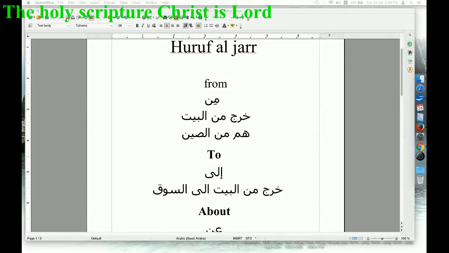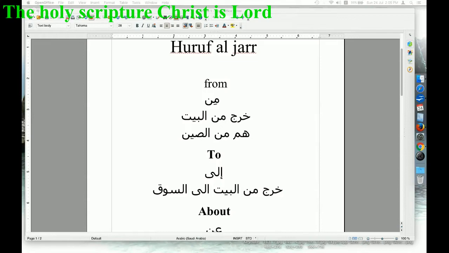So now we learned about min and ila. And ila can go for anything. As I said, it is the same as "to". Whatever "to" you have in English, you can replace it and put ila. All right, so it's very simple. You can take "to" from an English sentence and put ila, and that will make the sentence for you. It's the same as in English.